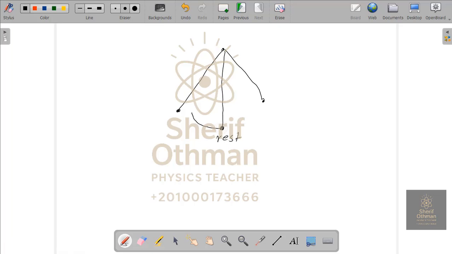If we pull this pendulum to reach the maximum height, at the maximum height, the potential energy has its maximum value. And at the maximum height, there is no kinetic energy.